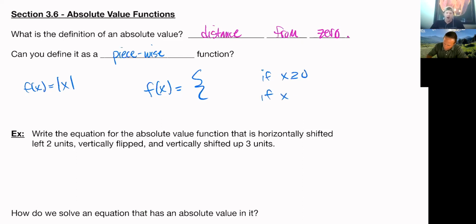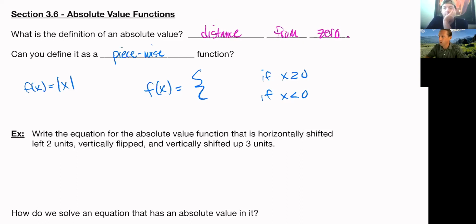And what would I get if I chose something negative? What do you think? If I stuck into this something that was 0 or above, what would I get out? Give me a number. Somebody give me a positive number. Give me something greater than or equal to 0.